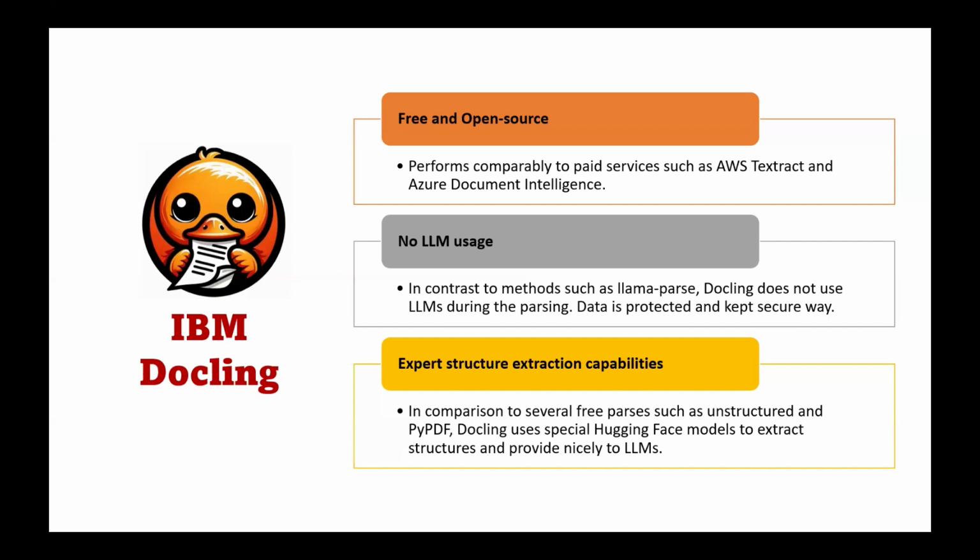Next I will talk about three distinctive features which make IBM Docling stand out from the other document parsers, which I see as important. The first one is that it's free and open source. There are many paid document parsing tools, especially from the two major cloud providers: Azure has Azure Document Intelligence and AWS has AWS Textract.